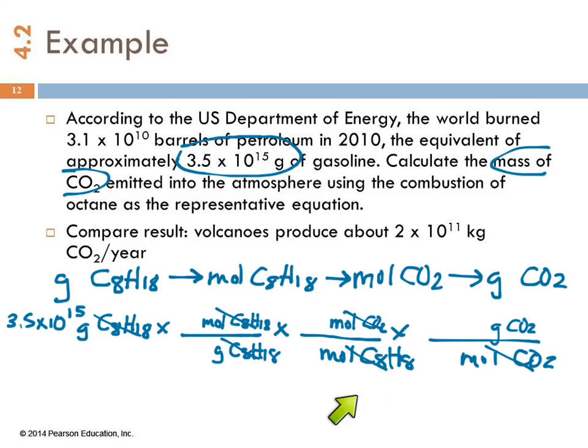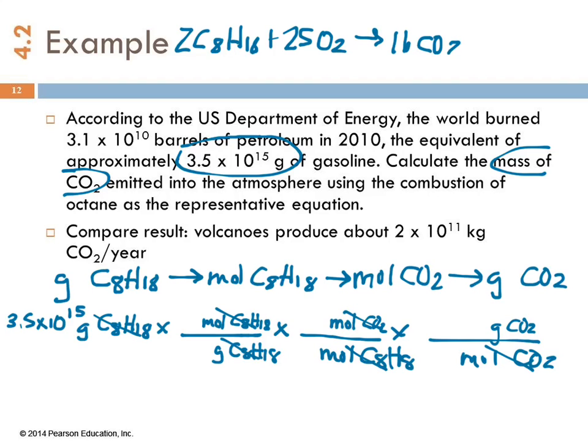This middle term, moles of one thing to moles of another thing, comes from the balanced chemical equation, which is no longer written on this slide, so I'll put it up here. It was 2, correct me if I make a mistake on this. It goes 25 oxygens and 16 CO2s and 32 waters.